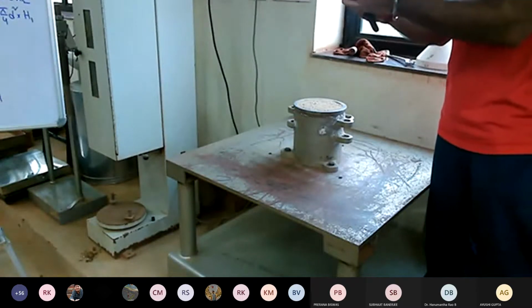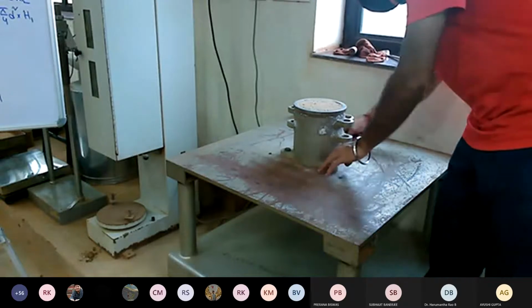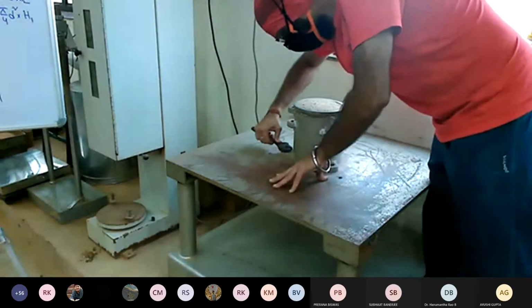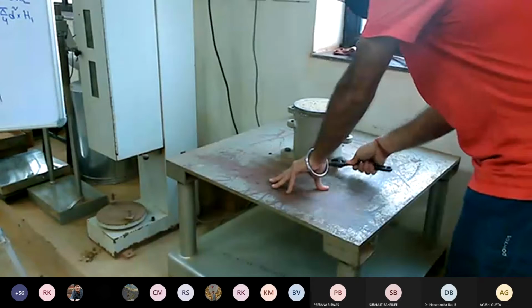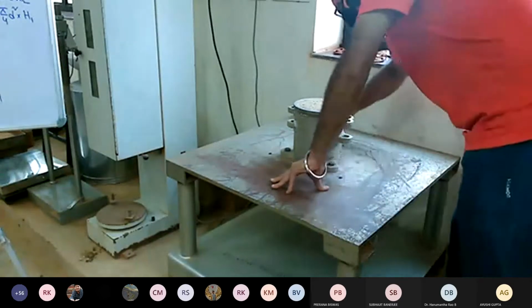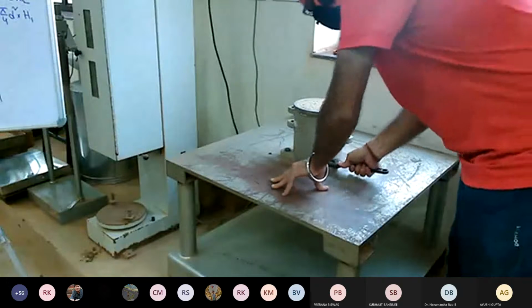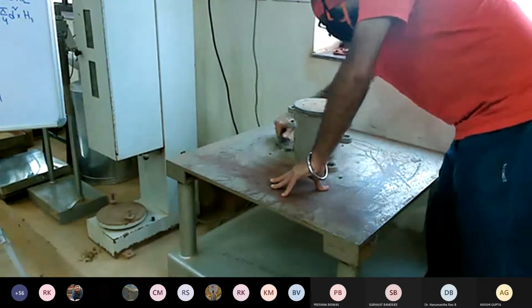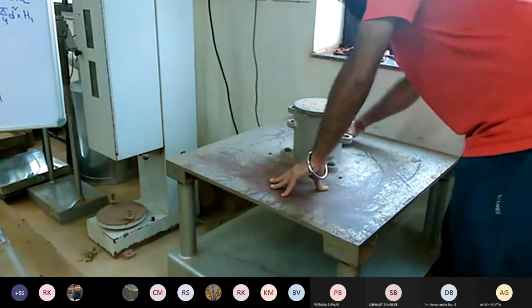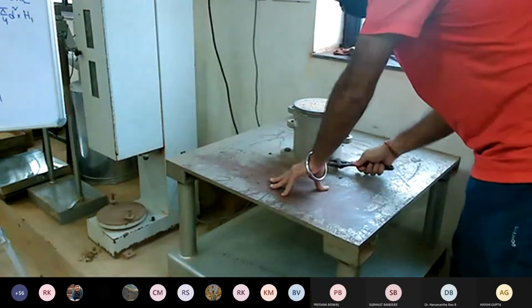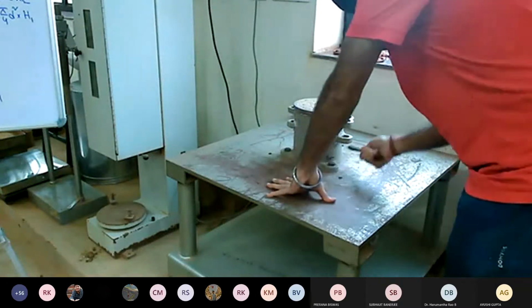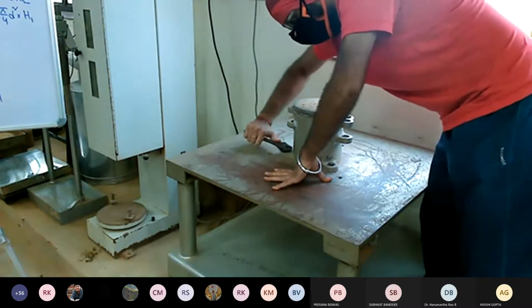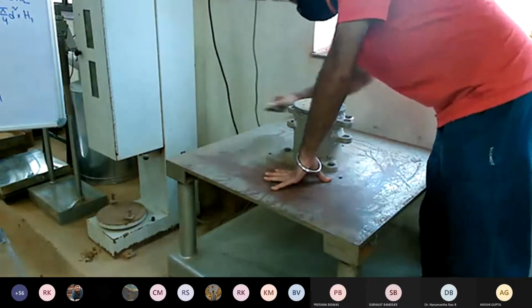The timer on the system is right now not working. If this mold is not fixed properly, then during the vibration sometimes it comes out, the screw loosens, and then there is a waste of soil.